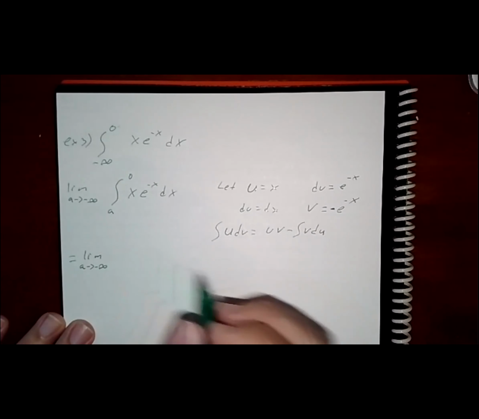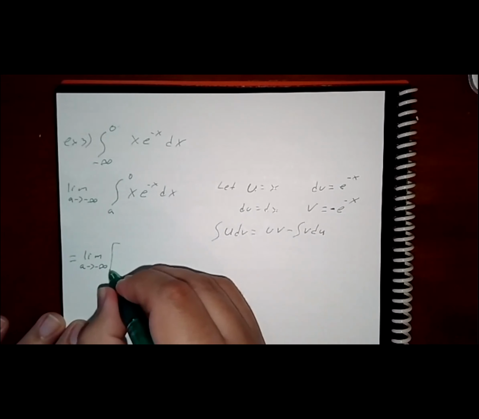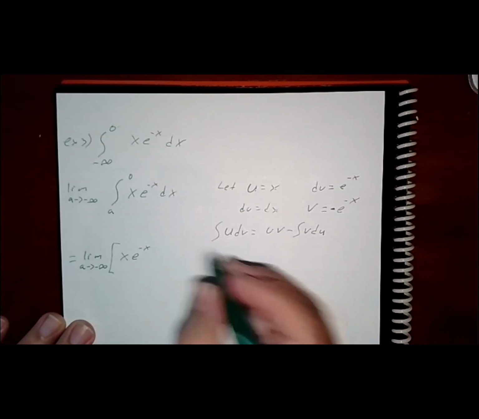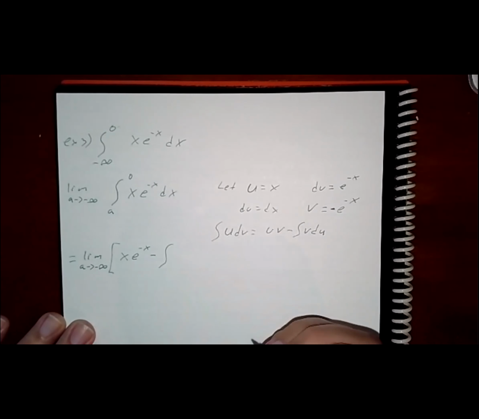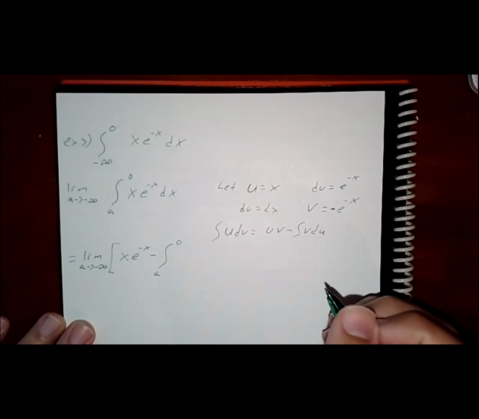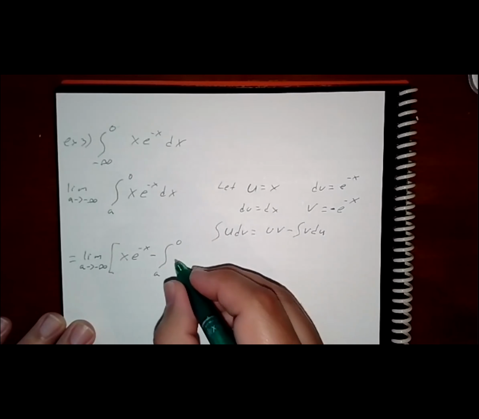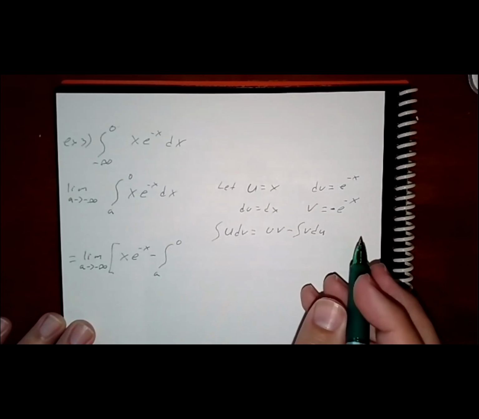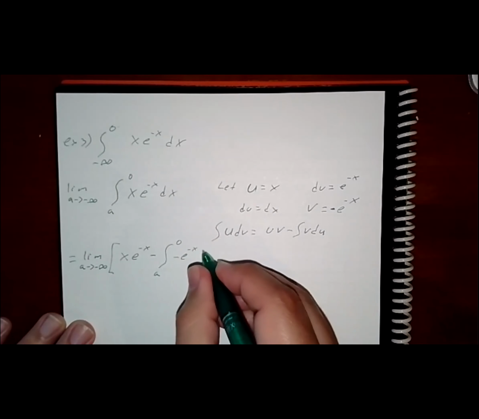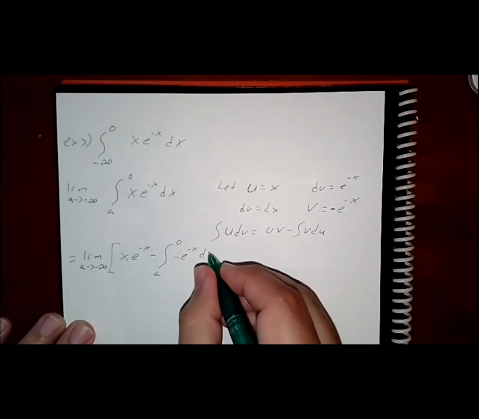So the integral will be u times v, so x times e to the negative x, minus the integral of v du. So v du, so negative e to the negative x dx.